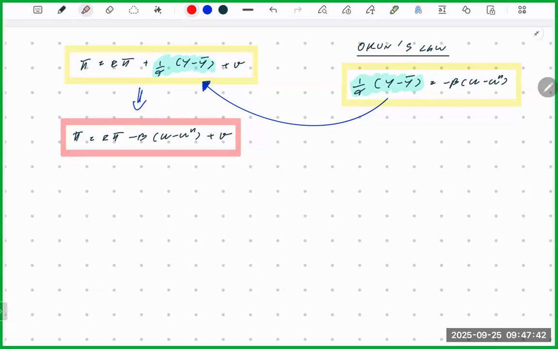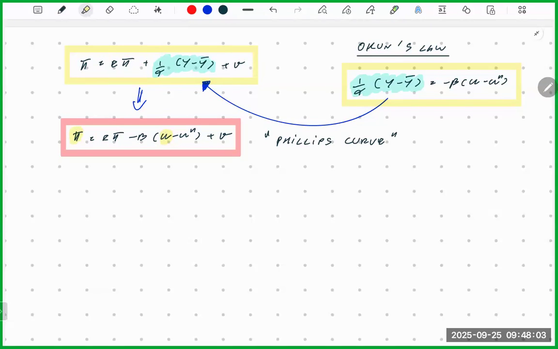We call this the Phillips curve equation. In the end, we got the Phillips curve equation. I want you to focus on the relationship between unemployment and inflation.